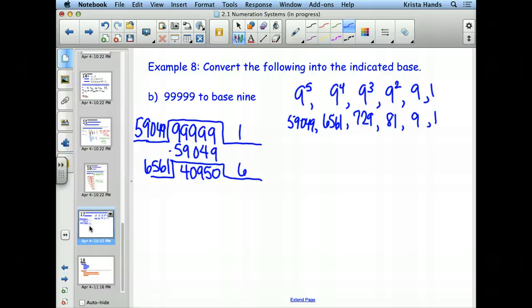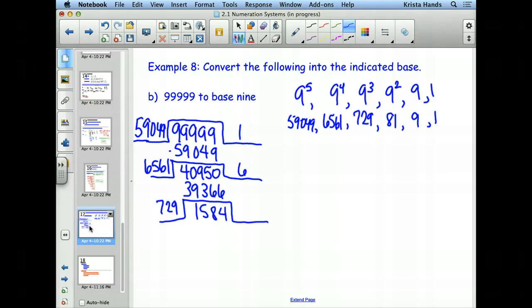I think it's smaller than that. 39,366. All right. Let's subtract. What do we get? Okay, good. So I've got 1,584 left.